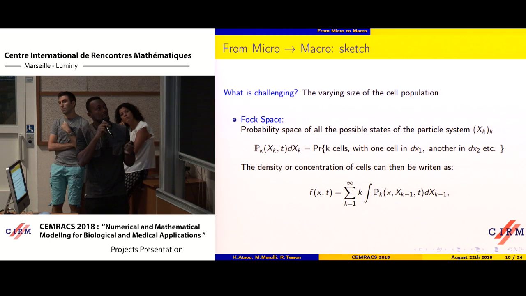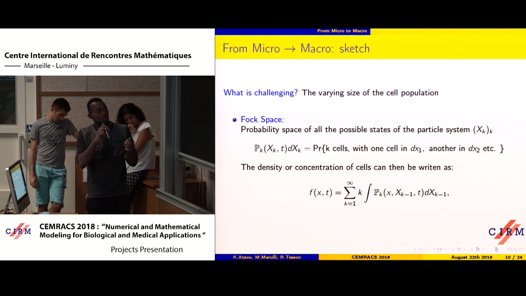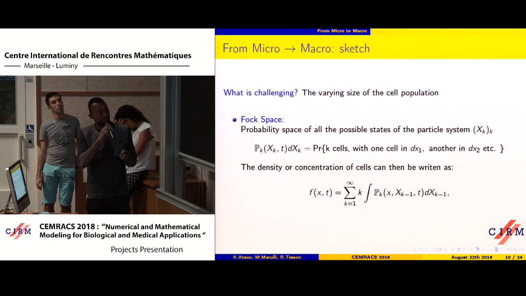The probability of having k particles in the system at a time t and in the volume d S_k is defined like that. And with some computation, we can derive the density, or the concentration, of the cells in the domain by this formula.